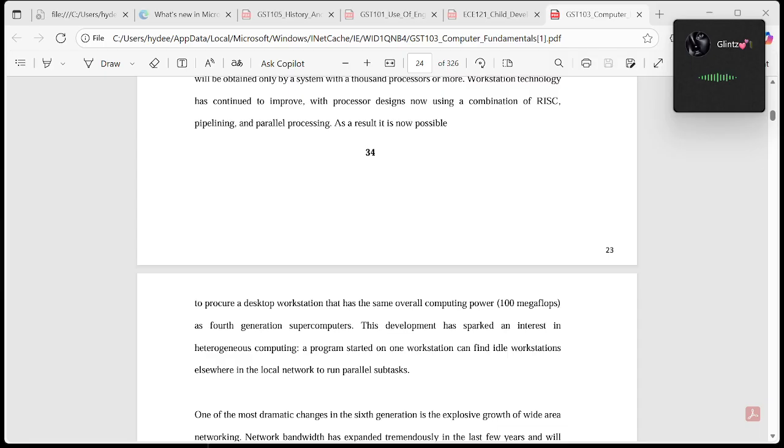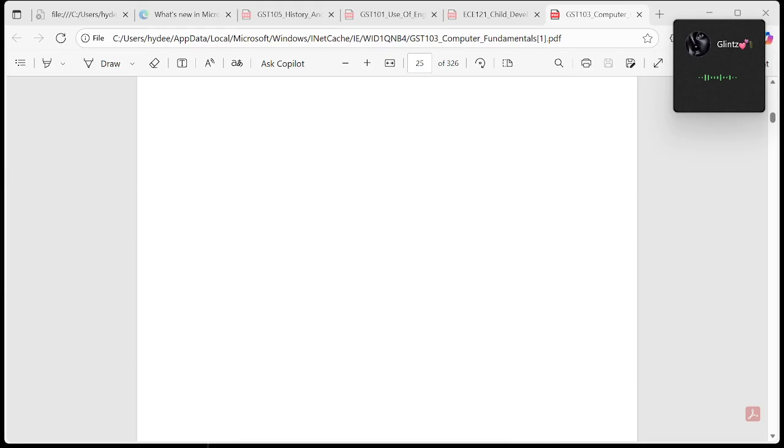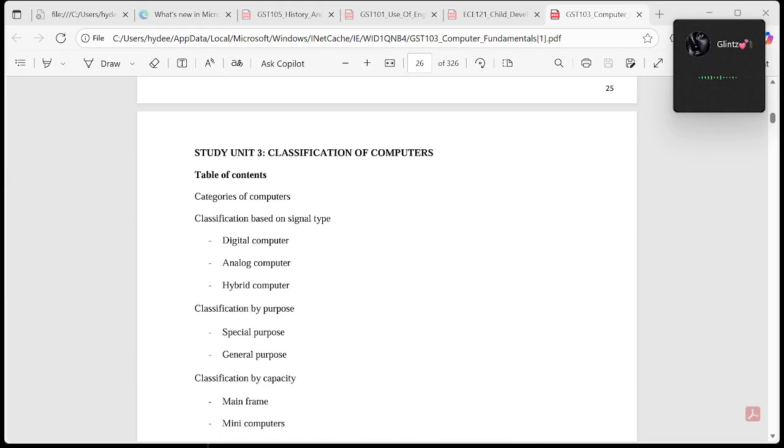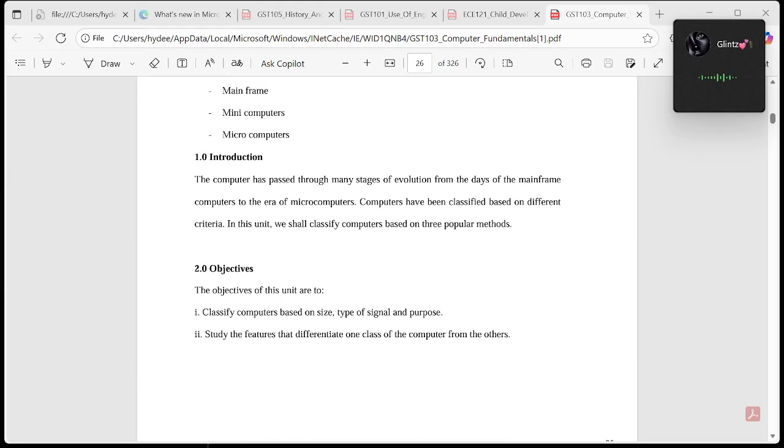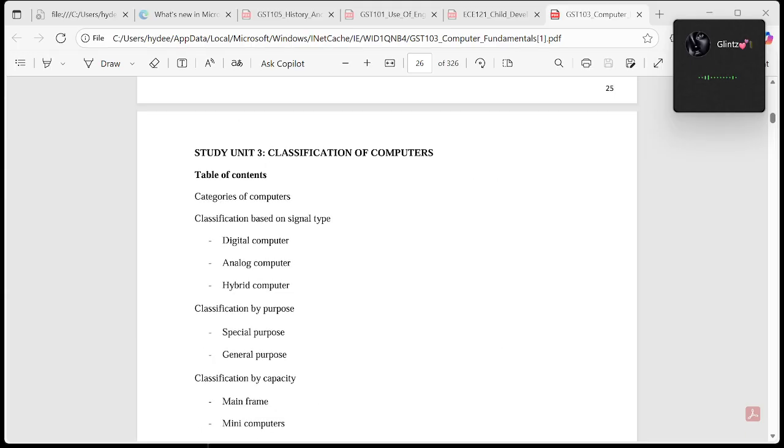Why is GS 103 hard? It's because you're talking about system. It's not really hard. It's just this history part that is a bit crazy. You'd be thinking that you're talking about old things, digital, computer, analog, hybrid, so you know how to use the system and all that.